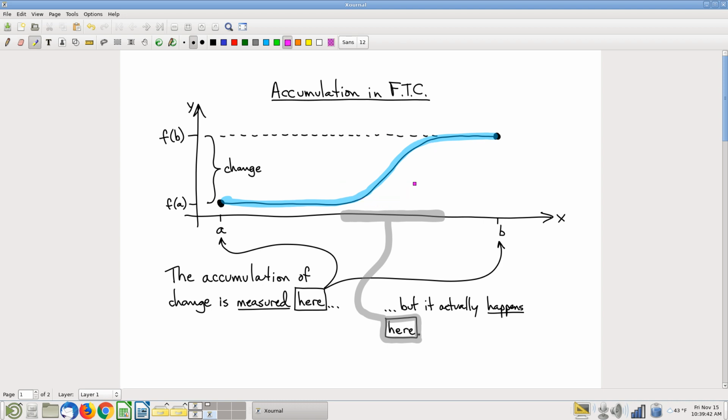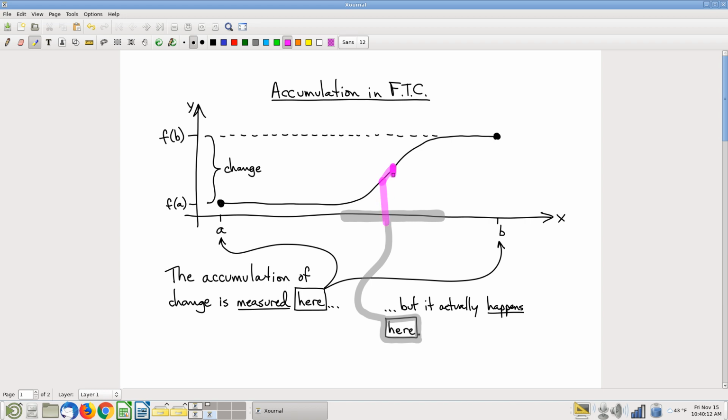Or said differently, as far as the domain is concerned, again, this is our domain. Change doesn't happen on the boundary. We just measure it on the boundary. Of course, the change actually happens somewhere specifically in the interior, not just sort of overall magically in the interior. You can see right where it is, right? So specifically, the change is happening there because, look, there's a lot of change happening along in there, right?